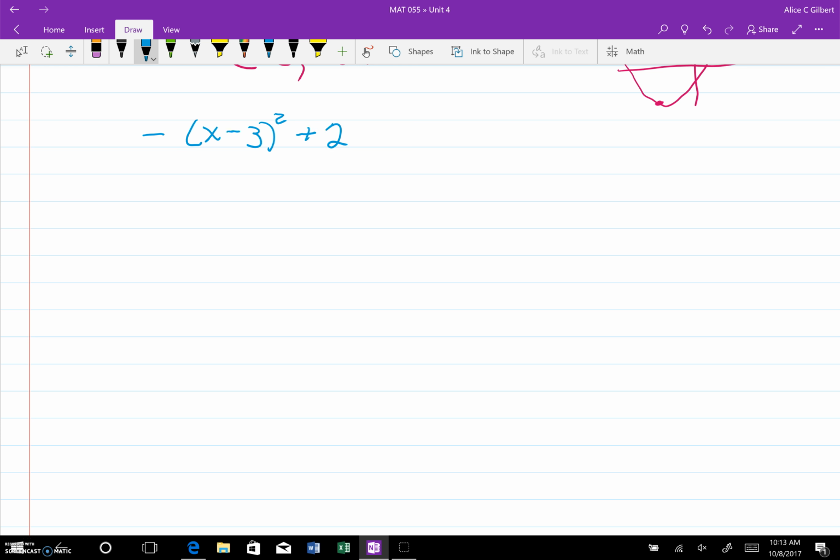I look at this and say, my x coordinate is going to be 3 because I changed the sign, and my y coordinate is going to be positive 2. So I would go to the right 3 and up 2, but look, this is opening downward. I haven't figured out any points yet other than that, okay?